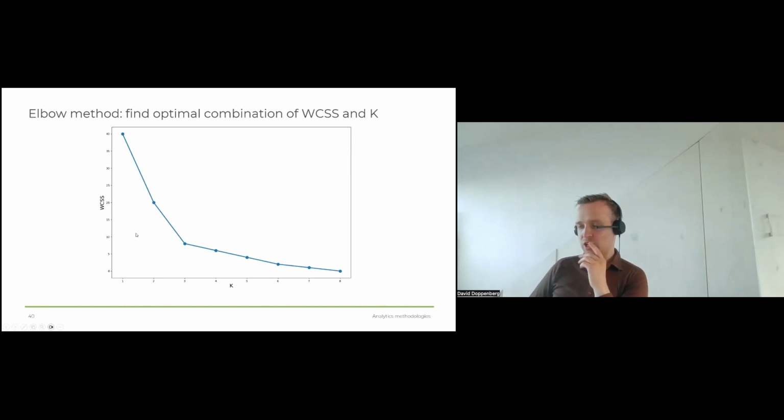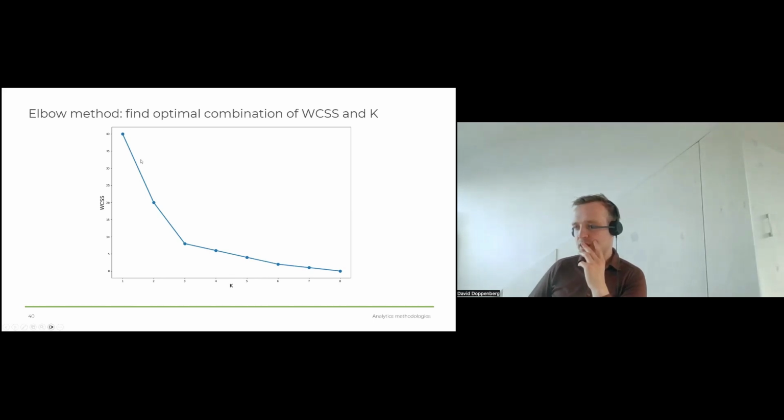What you see here is k on the x-axis, and the within cluster sum of squares on the y-axis. Of course, the smaller the WCSS metric, the better, the less error you could say. That's not completely true, of course, because there's not really an error in this case.